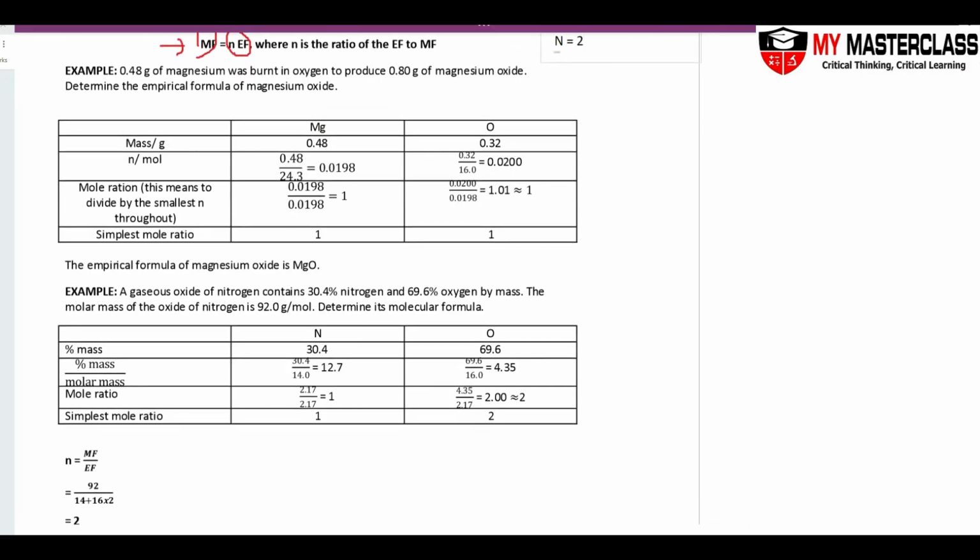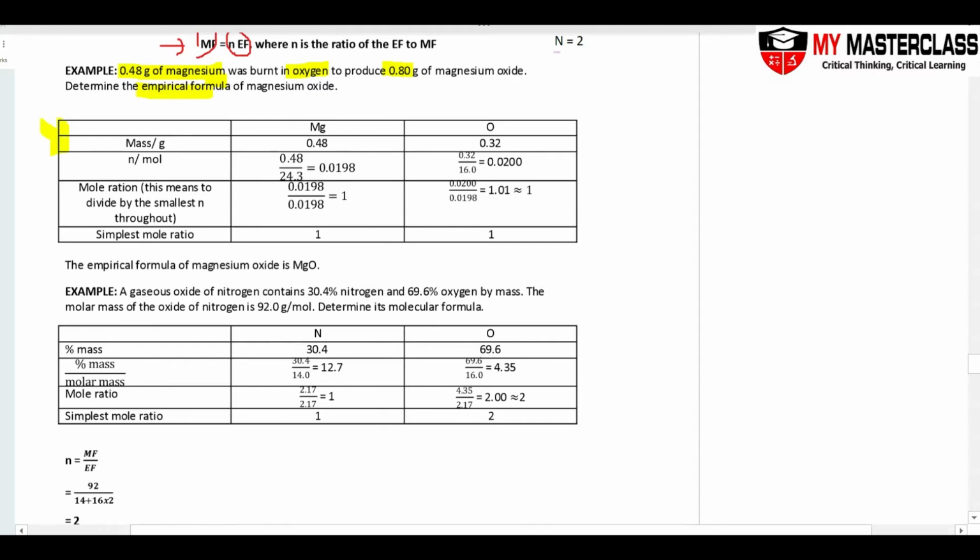Okay, looking at this example, let's take a look. I have 0.48 grams of magnesium, and this is burned in oxygen to give me 0.8 grams of magnesium oxide. The question asks me to find the empirical formula. Moving forward, for empirical formulas and molecular formulas, you have to present it in this table.